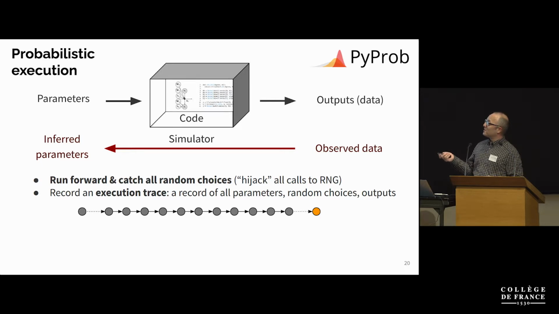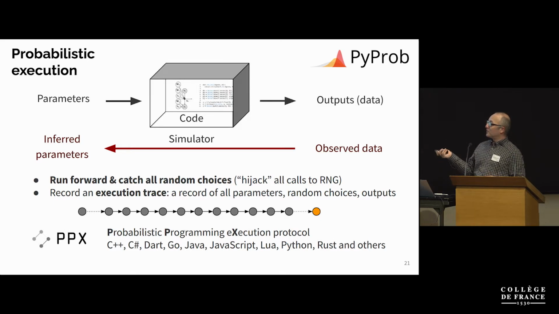Once that happens, we are able to record these execution traces. That is done through this protocol we call the Probabilistic Programming Execution Protocol, or PPX. That's language agnostic. It's basically a protocol based on Google FlatBuffers, which has a compiler that gives you all the code you need in any of these languages to connect to the probabilistic programming system.